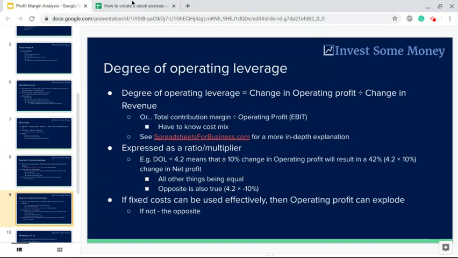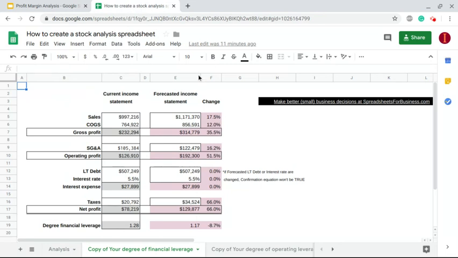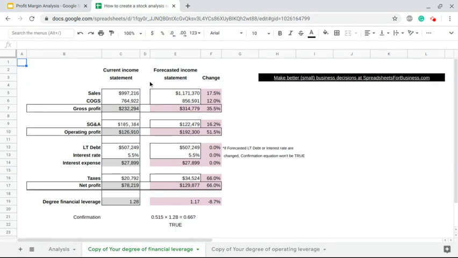So, let's go over this sheet here real quick. Make a little room here. Okay. So, degree of financial leverage, just to show you, we've got an example current income statement and forecasted income statement, and it'll just show what happens here. You see the degree of financial leverage is calculated at 1.28. Okay.